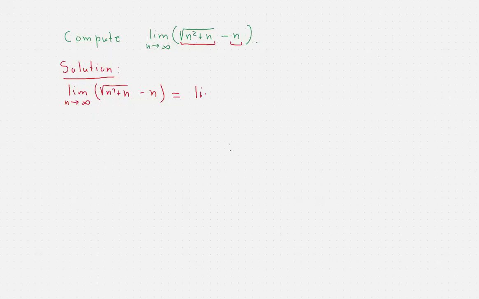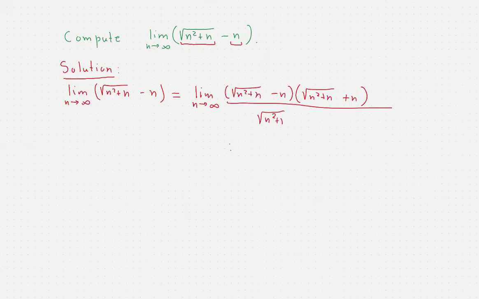So we multiply and divide by the quantity that has a plus, which, like I said, traditionally we call the conjugate quantity.